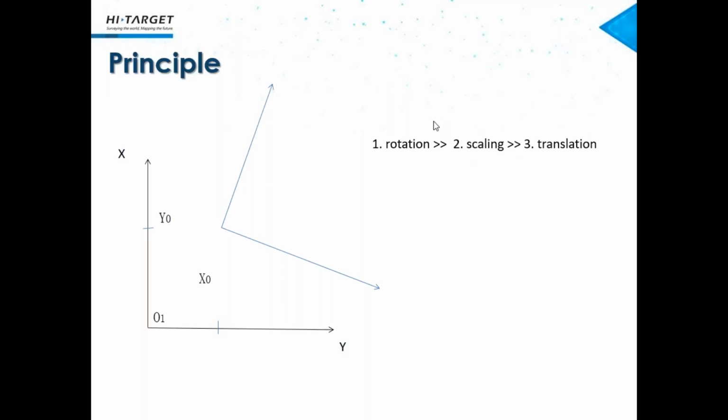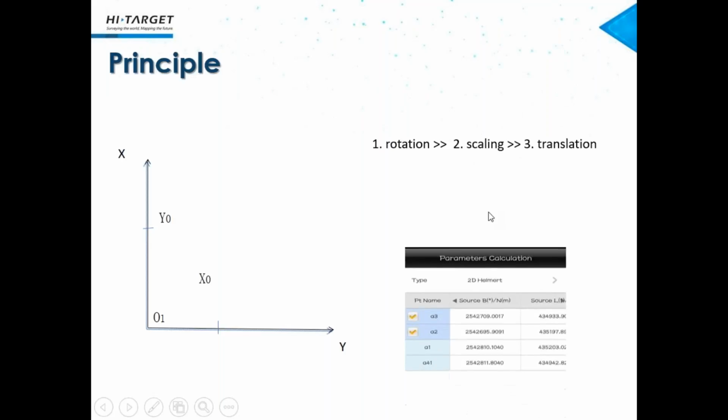Our coordinate system will have 3 steps to move. First is rotation, second, scaling, third, translation. And it should move in two directions.